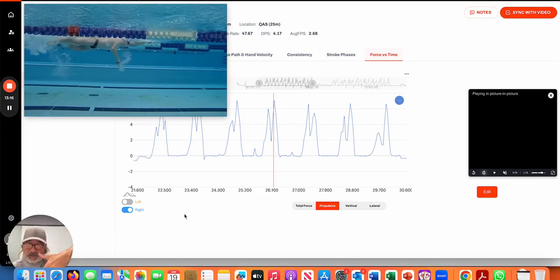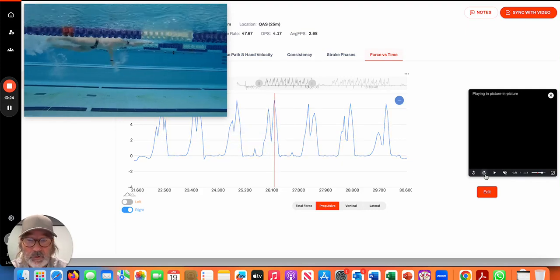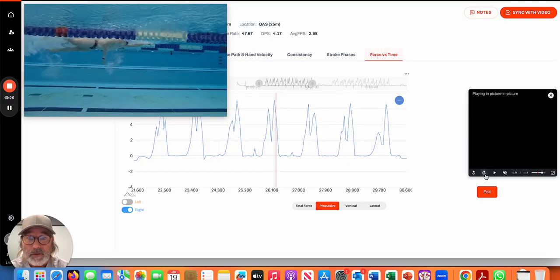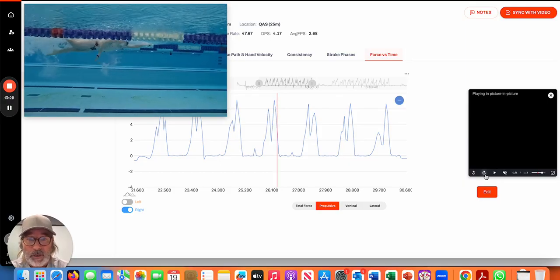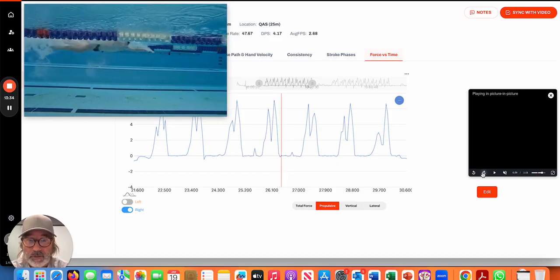You can see the straps on the back of his hand where his hand is turned in, and that's why he's lost that propulsive force here. And you can then continue to go through frame by frame, and you can see exactly where you are on the data with the red line, and you can see in the video where the hand is now going to exit the water, which is right here where it's exiting.